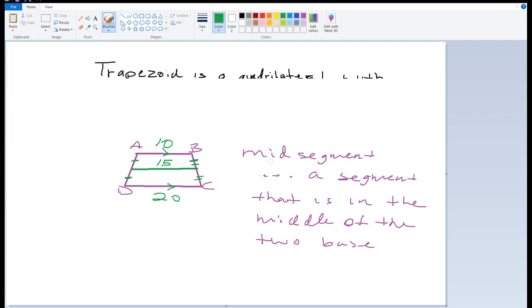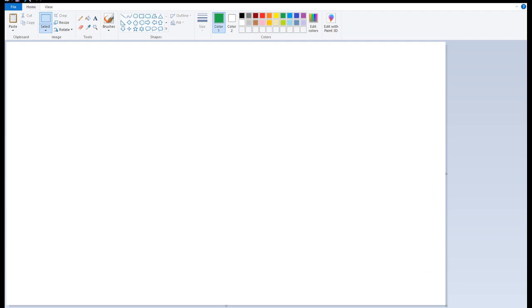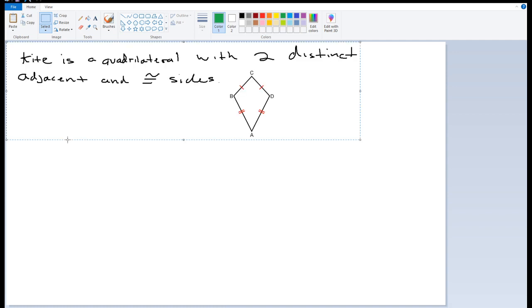All right, the next quadrilateral that we are going to look at is what we call a kite. And basically a kite is a quadrilateral that has, unlike the trapezoid, two distinct adjacent and congruent sides.